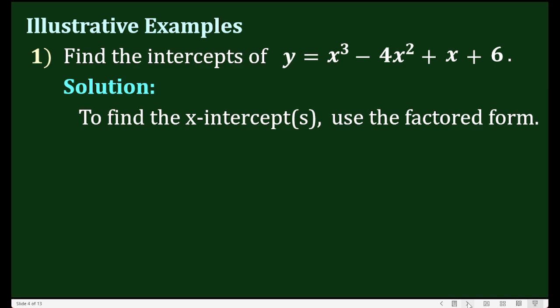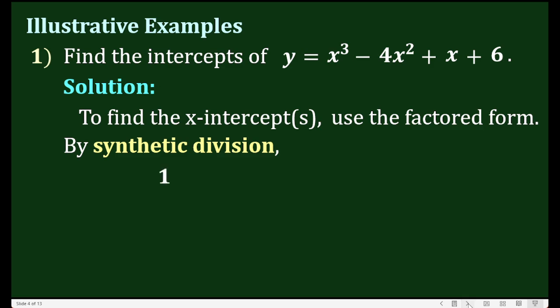Meaning, we need to factor the polynomial part of this polynomial function. To carry out the factoring, we use synthetic division.